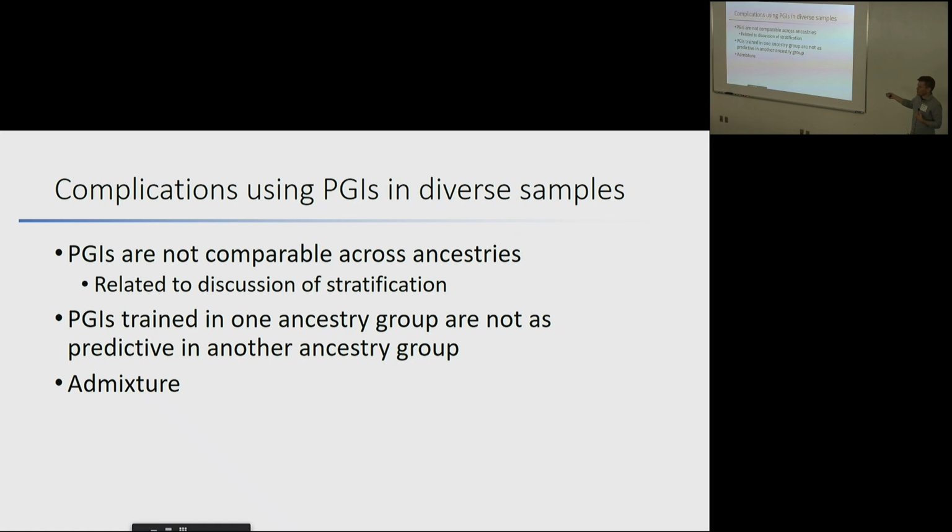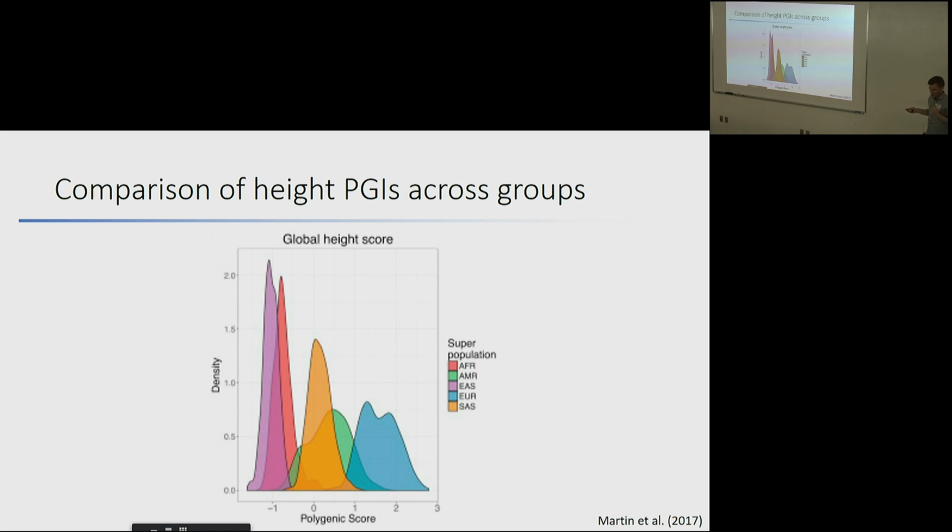Another problem is that when you make a PGI based in a European ancestry sample, for example, you do a GWAS in a European ancestry sample and then try to predict some phenotype in an East Asian ancestry sample, it tends to not do as well. Just empirically, this is what we see. And then there's another issue of admixture, which I'll hopefully have time to talk about. Admixture is a mess. It's just difficult. So I'm going to go through each of these points briefly.